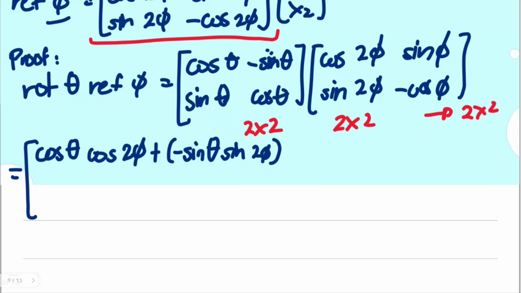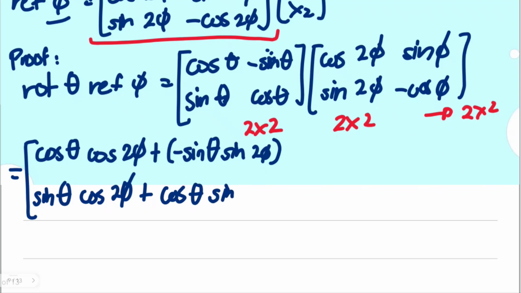Okay. Next, this one in that column. So you have sine theta cosine twice phi. Sorry, that's phi. Then plus cosine theta sine twice phi. Okay.